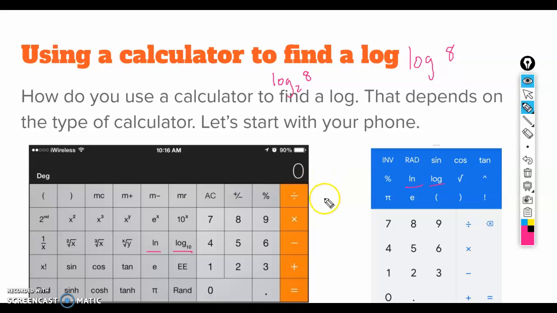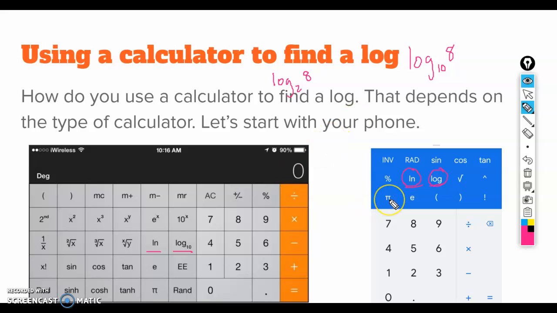So you want to make sure that you understand that these buttons, as they are programmed into calculators, are just log base 10 and the natural log base E. So you have to make sure that you know how to do these other bases. If the problem is log base 2 of 8, how do you type that in your calculator?